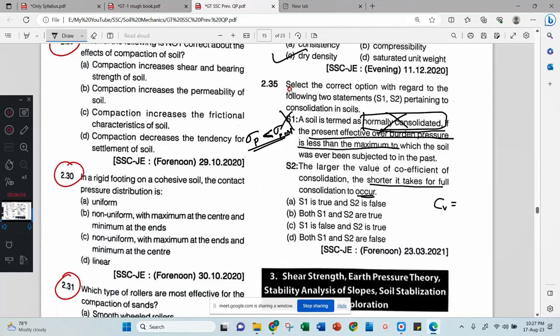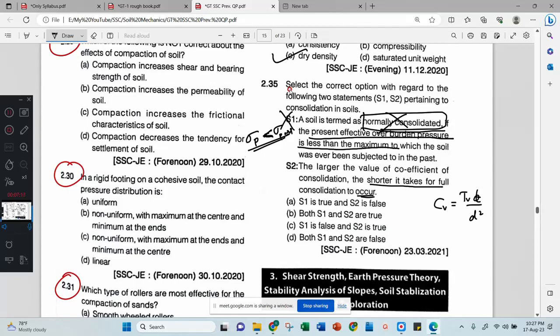That formula was there, no? Larger the value of coefficient of consolidation, the shorter it takes for full consolidation to occur.